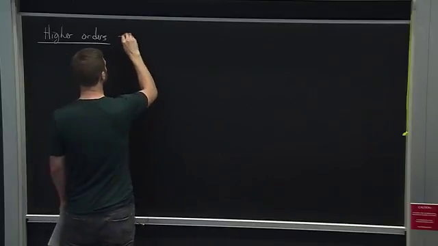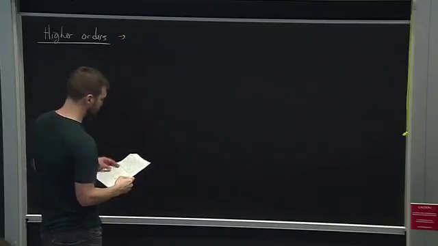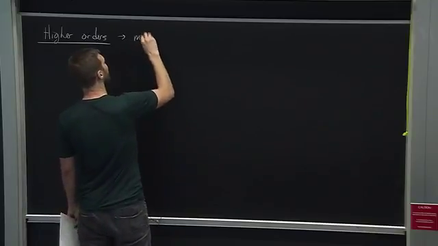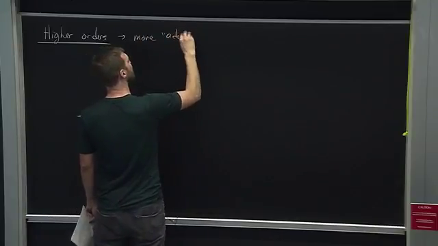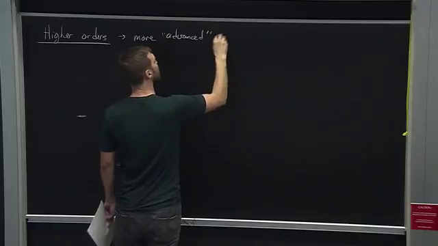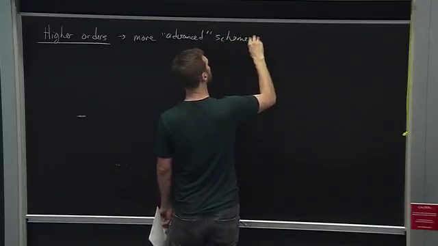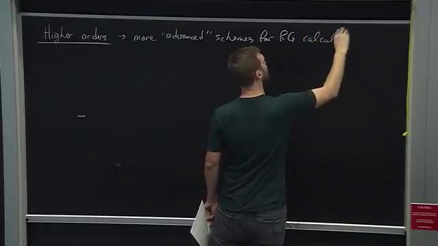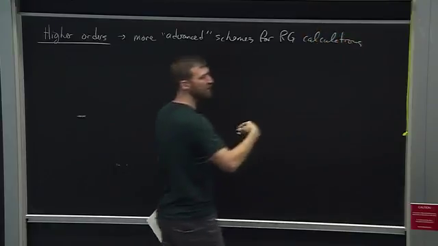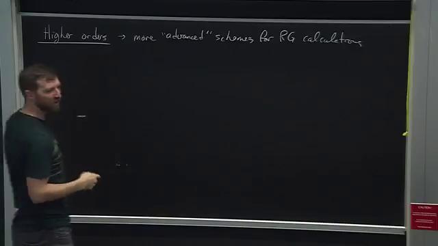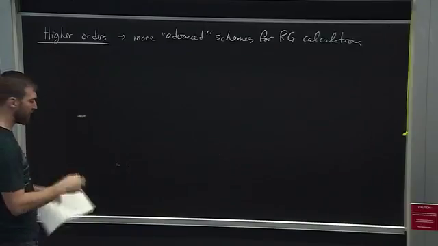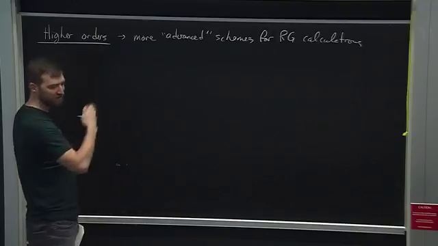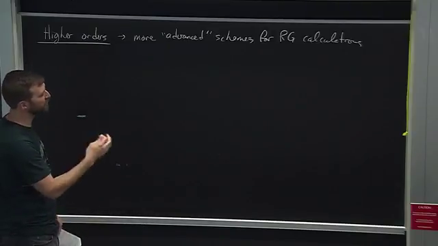So there's actually better schemes or more advanced, I don't know. So no one really uses this Wilsonian momentum shell to go to these higher and higher orders. But there's these different schemes, you can read about these in books.